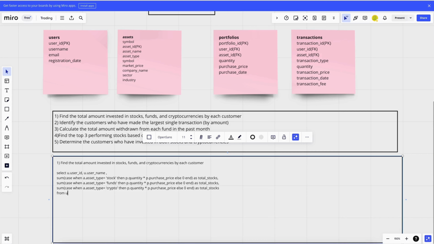And now we are going to join all these three tables here from users U, do an inner join. So there is no join between users and assets directly. So we are going to use portfolio here.